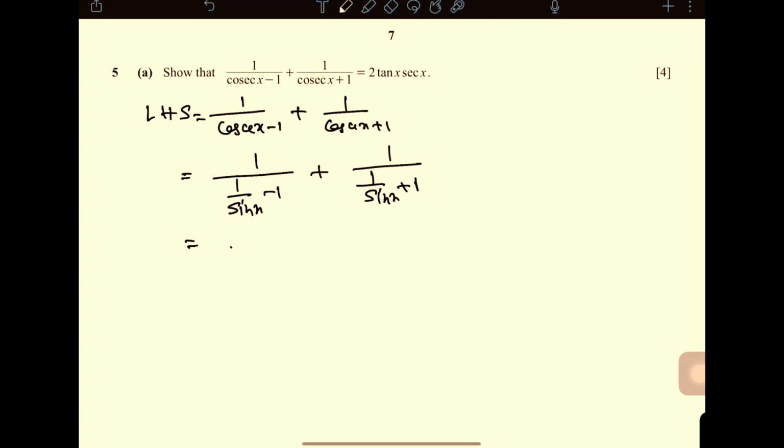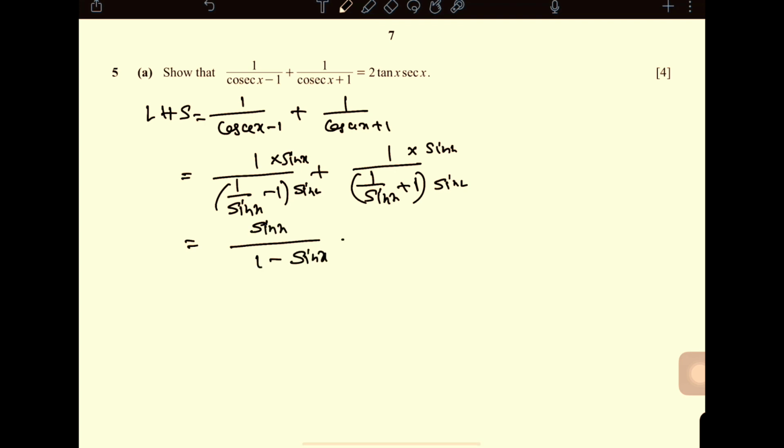If we simplify, I mean multiply the denominator by sin x, and the numerator also, same thing here, then the simplified form will be sin x by 1 minus sin x plus sin x by 1 plus sin x.